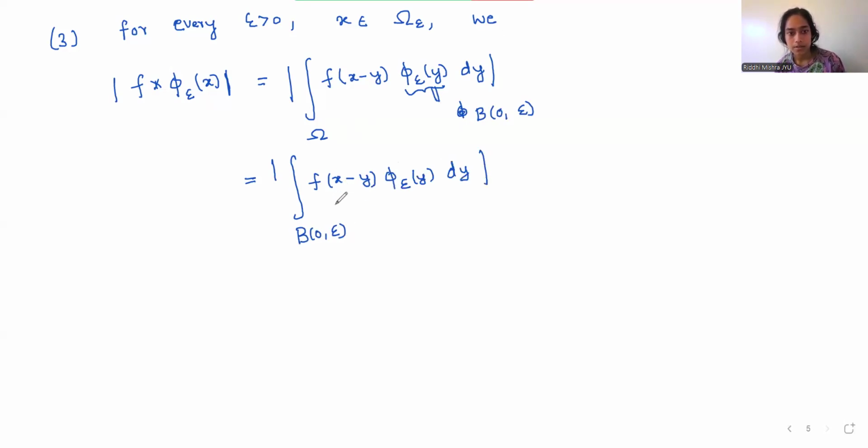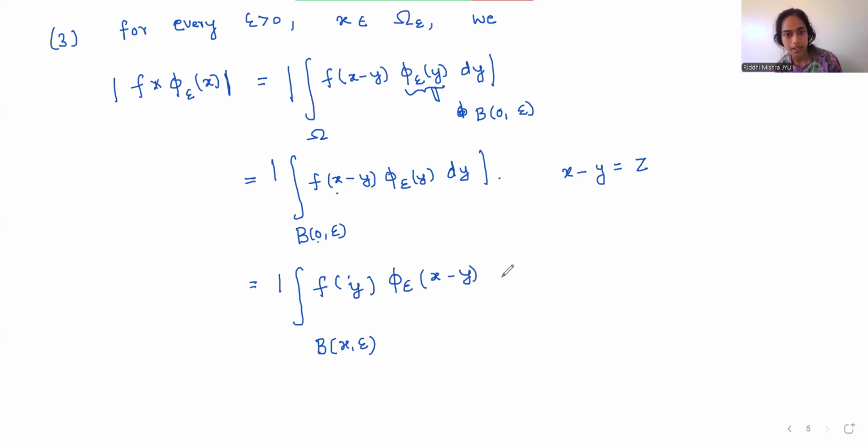And now you can transfer this to the ball with center x. So you change variable by z. Then you can write this as the integral over the ball centered at x with radius epsilon of f(y) phi epsilon(x minus y). So here y is a dummy variable. So I replaced y by z here, but it's still the same.